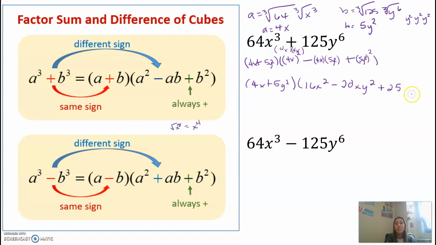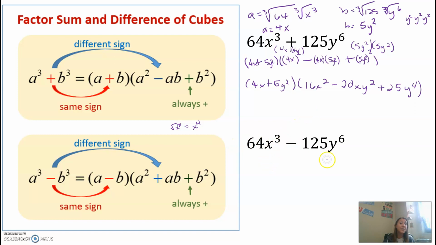Y to the second power is going to be y to the 4th power, because I'm going to get 5y squared times 5y squared, and when we multiply variables with exponents, we add them. So that would be my final answer.